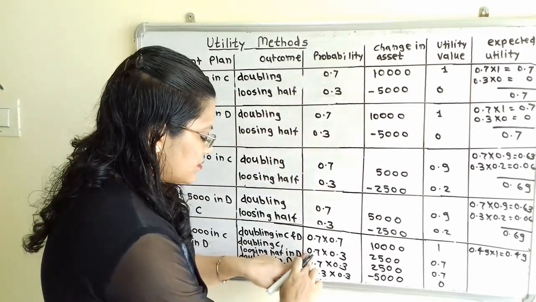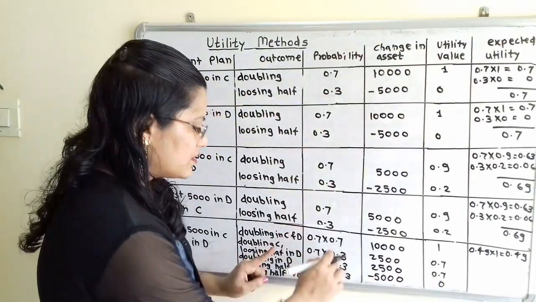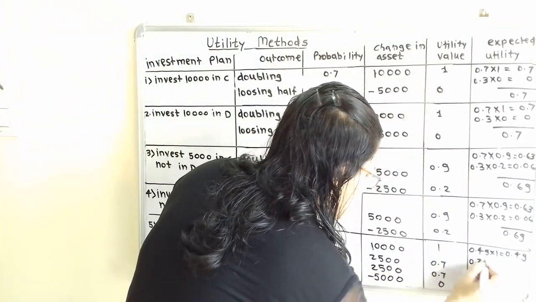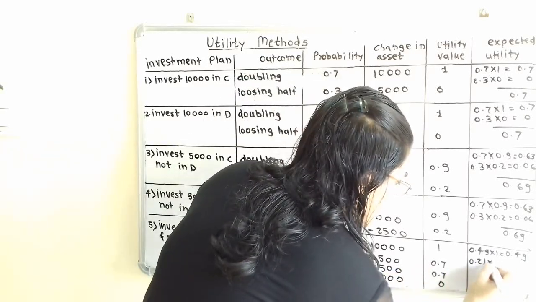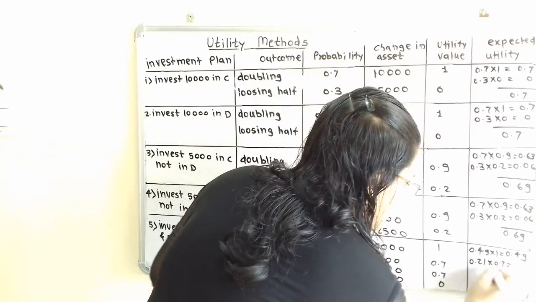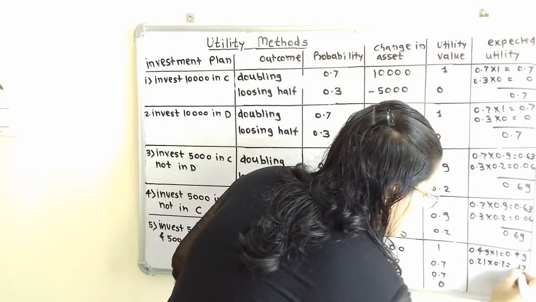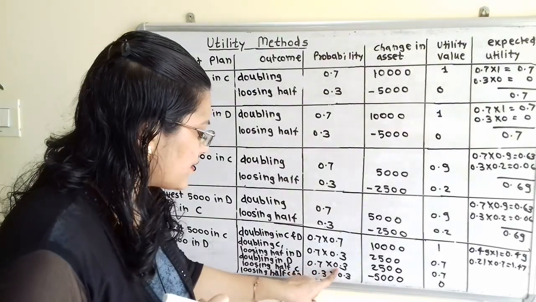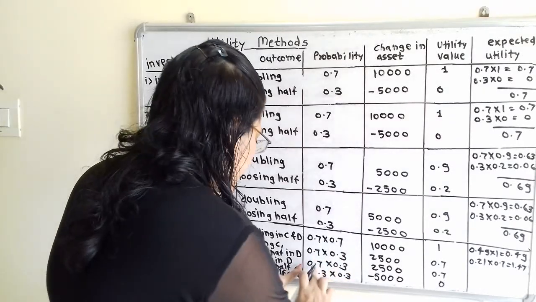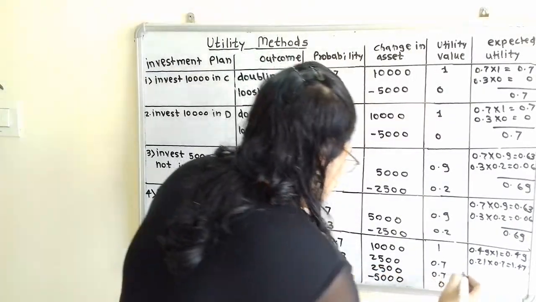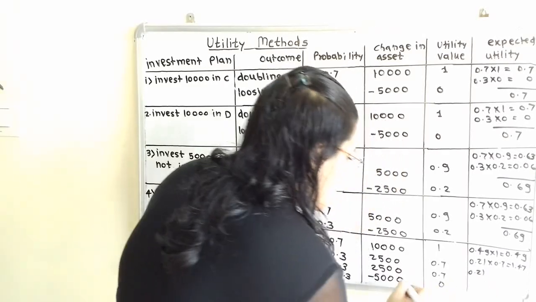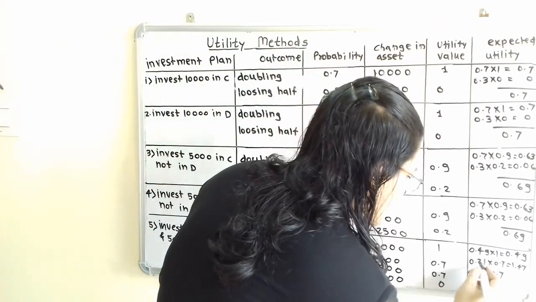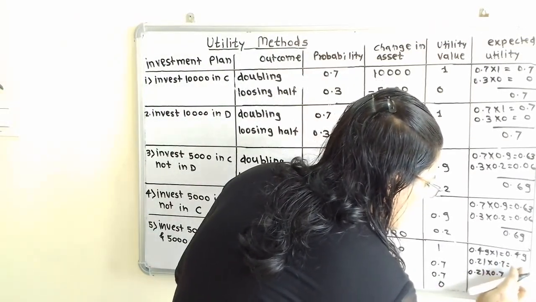Now here 0.7 into 0.3, that is 0.21, into 0.7. So it will become 0.147. Then here also 0.7 into 0.3, that is 0.21, into 0.7, here 0.147.